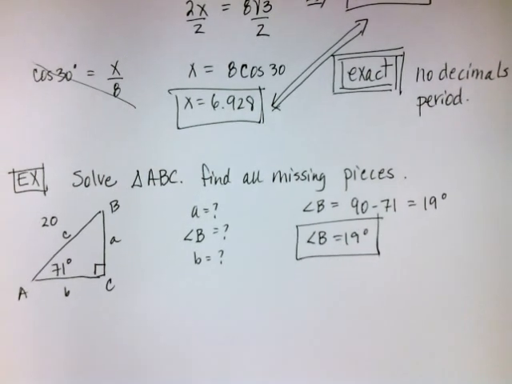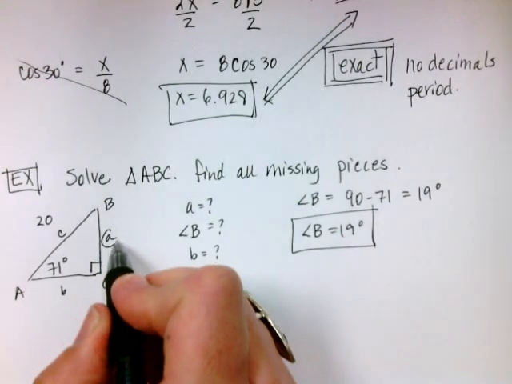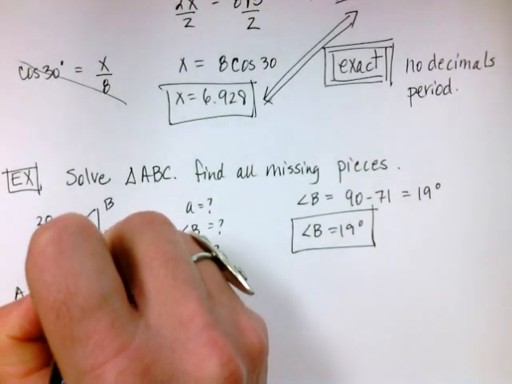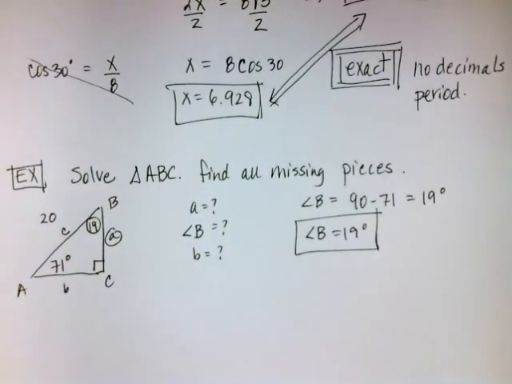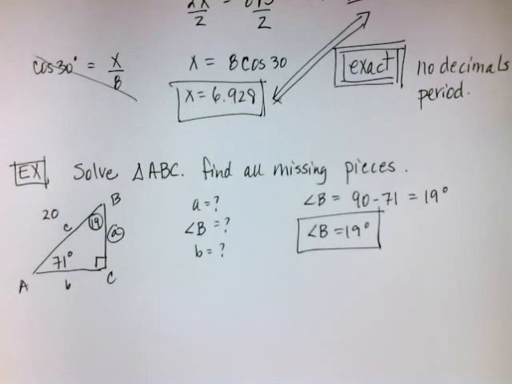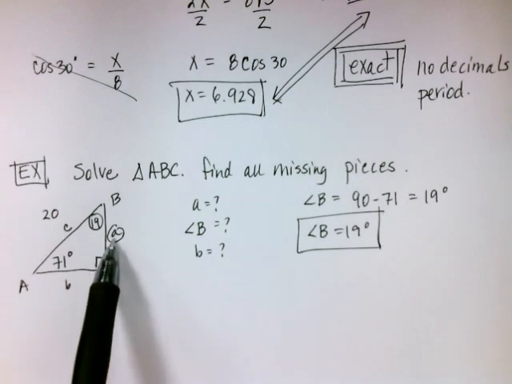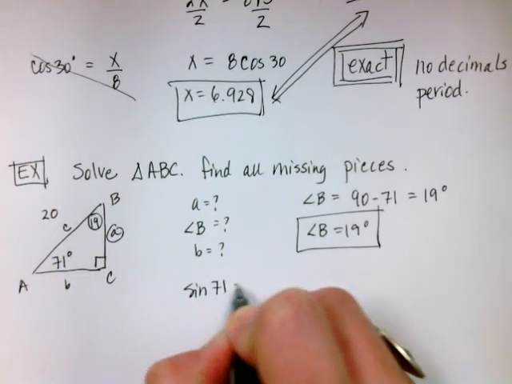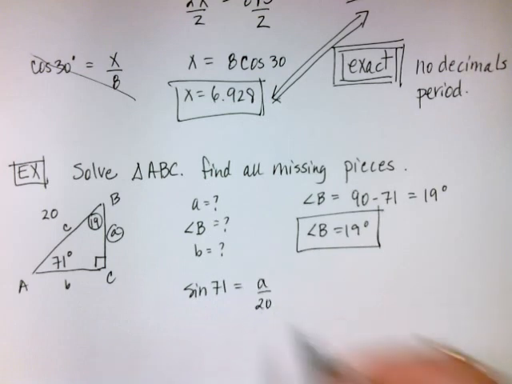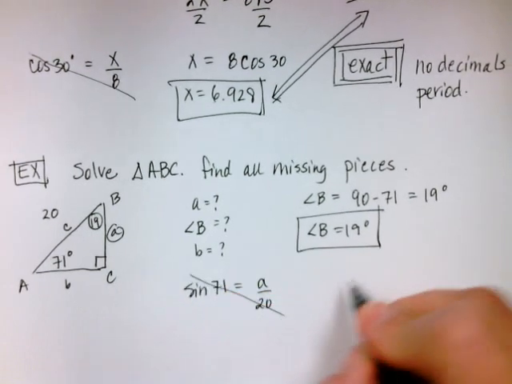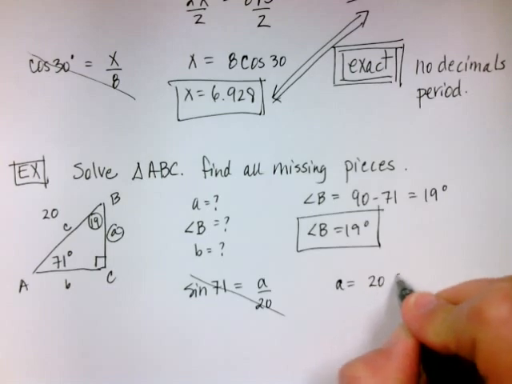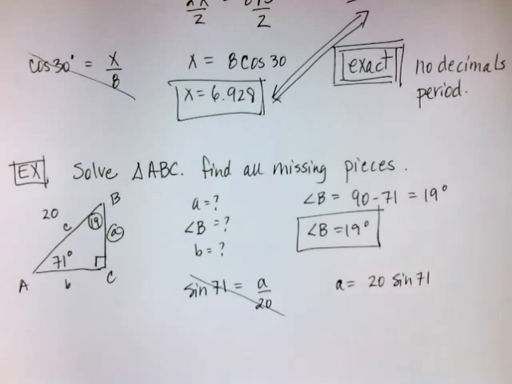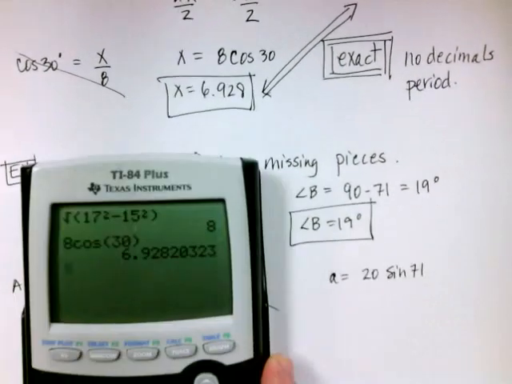Now I'm going to solve for A. So I'm going to write my 19 on my diagram, and I'm going to circle it so I know that it's something that I found. So if I do A, I know the hypotenuse, and I don't know the opposite, so I'm going to do the sine. So I'm going to say the sine of 71 is A over 20, cross multiply, so I'm going to get A is equal to 20 sine 71. All right, and I'm just going to show you that on my calculator.